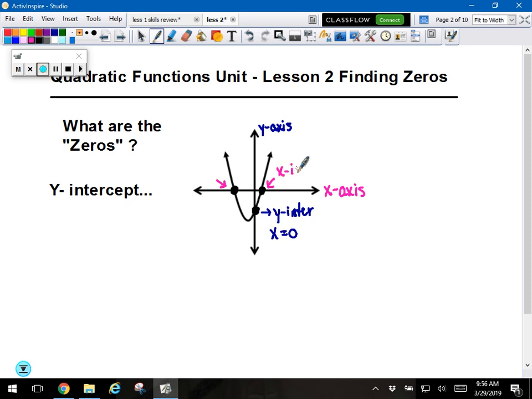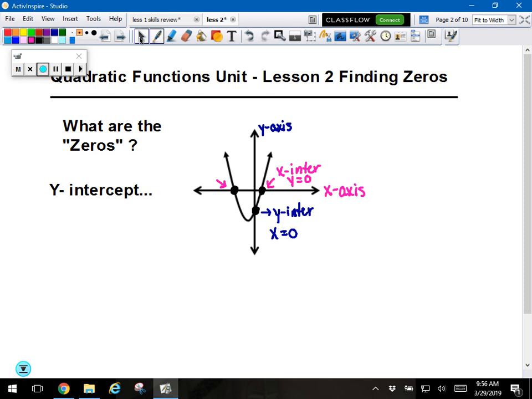They're called the x-intercepts, and that's where y equals 0. So when we refer to zeros, make sure you connect with the idea that we're looking at where the function crosses the axis. In this problem, we actually have 3 intercepts: 2 x-intercepts and 1 y-intercept.